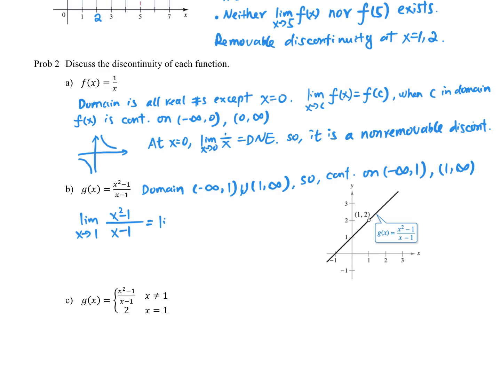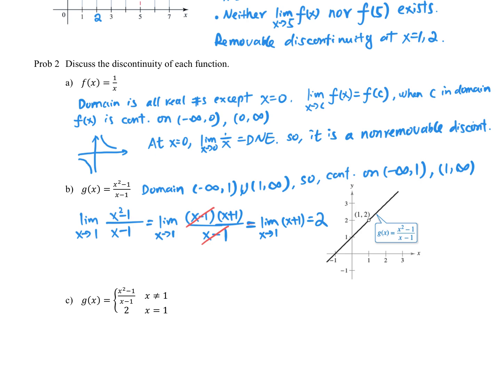Because x is not equal to 1, we can factor the top, cancel the common factor, and then do the substitution. We plug in 1, which gives 2.